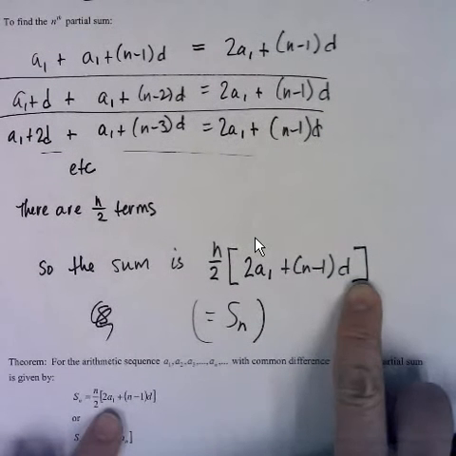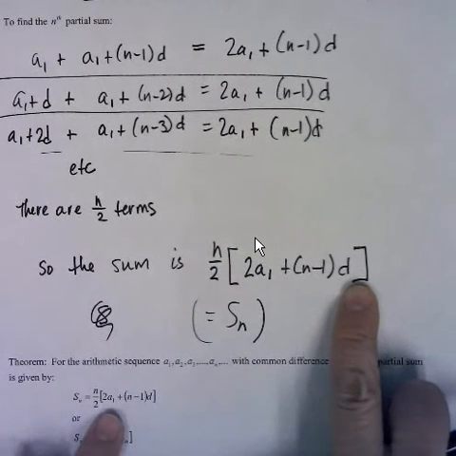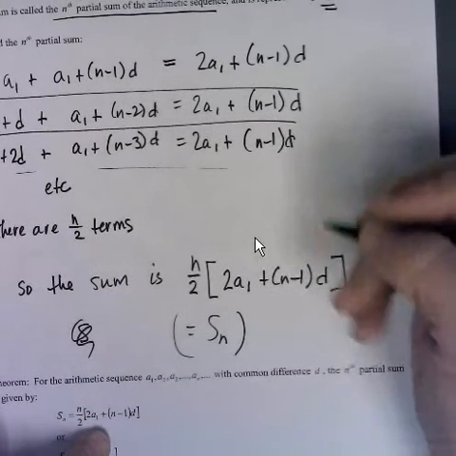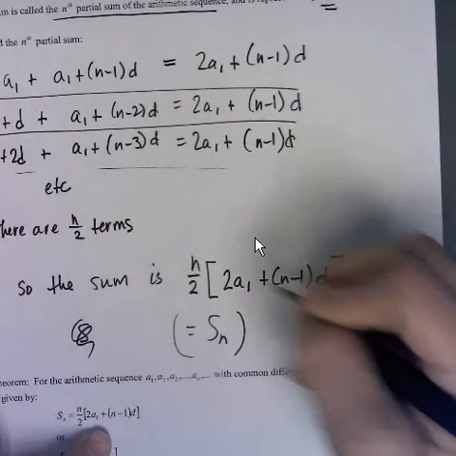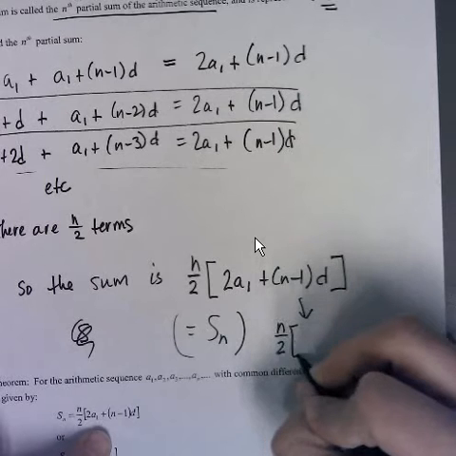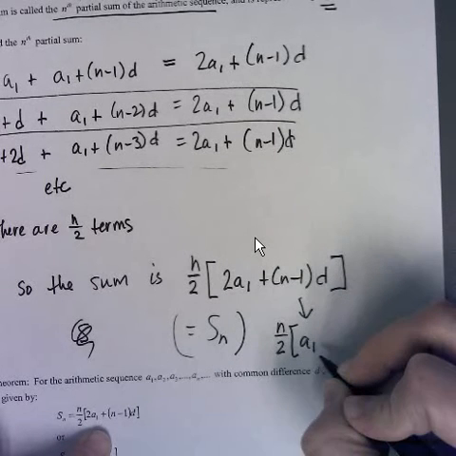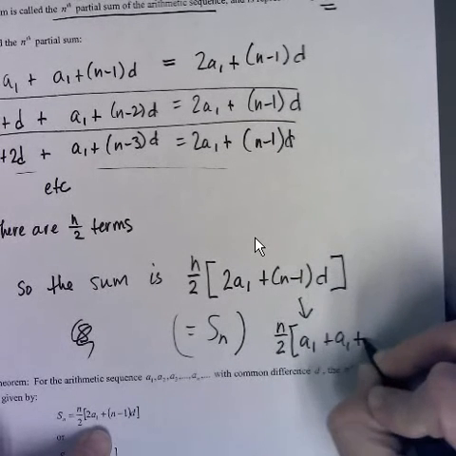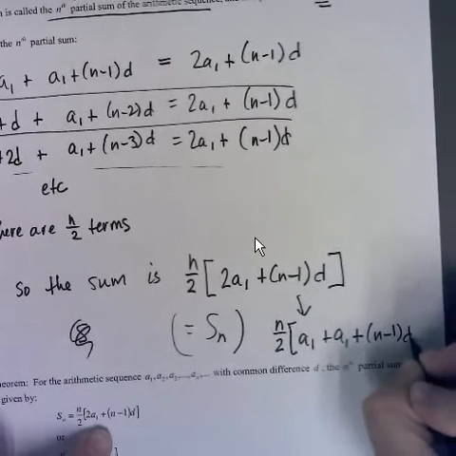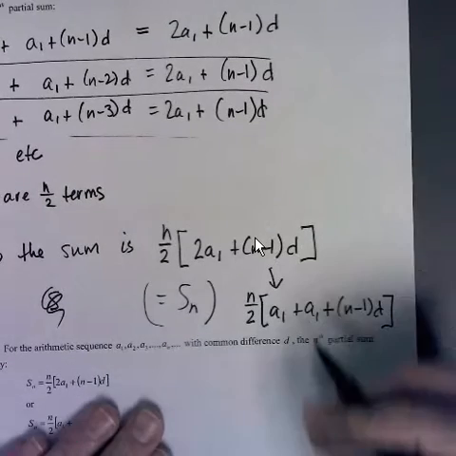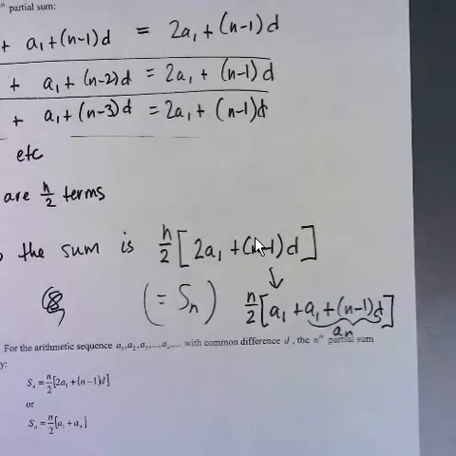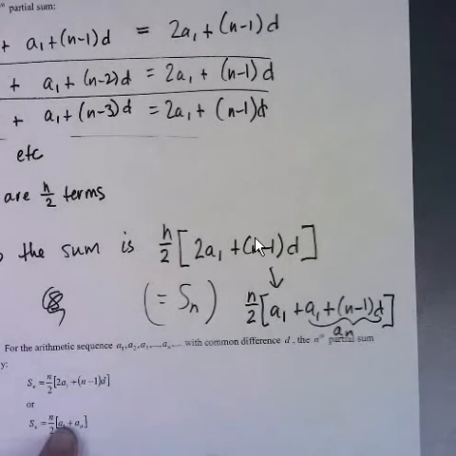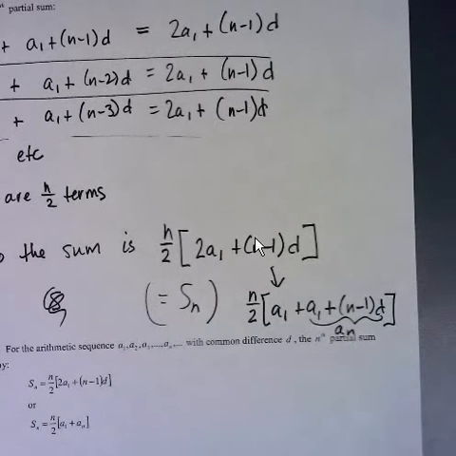Another way to write that is here. We get n over 2 times a sub 1 plus a sub 1 plus n minus 1 d. This is a sub n. So you can just add up the first term and the last term, exactly like what we did in the previous formula we derived.